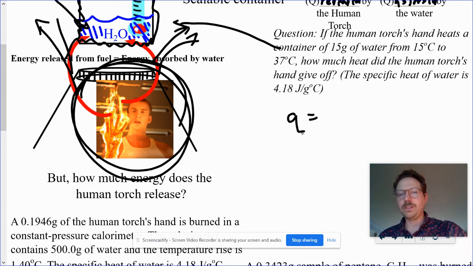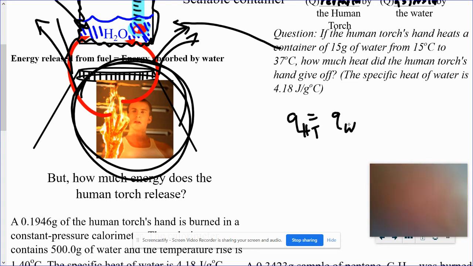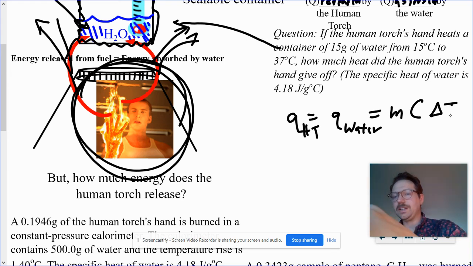So the heat of the human torch, HT, we're going to assume is equal to the heat of the water, which is equal to the mass of the water, the specific heat of the water, and the delta T, the temperature change of the water. That's what we're going to assume. So let's solve this. We have a mass of 15 grams.